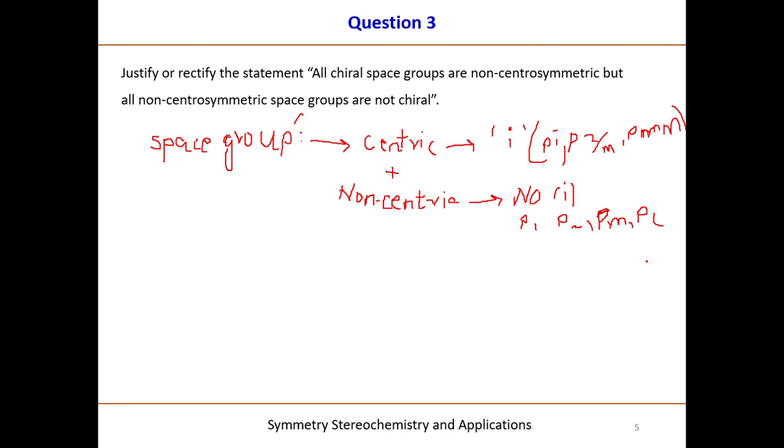So, while talking about the non-centric space groups, they are divided into two types. The first one is chiral and the second one is achiral, or not a chiral molecule, we can say here.